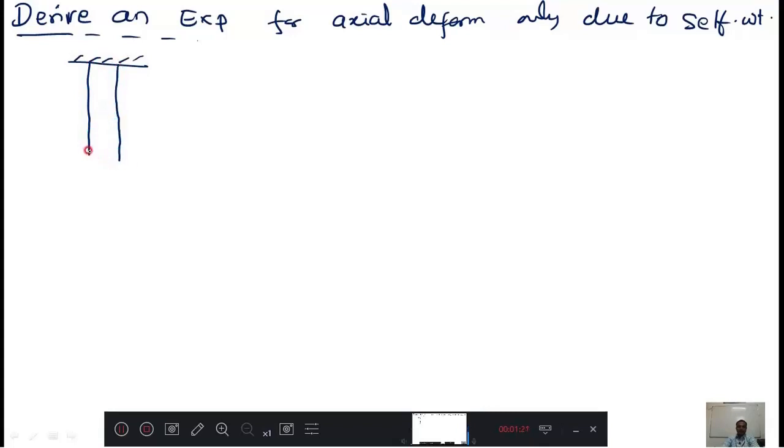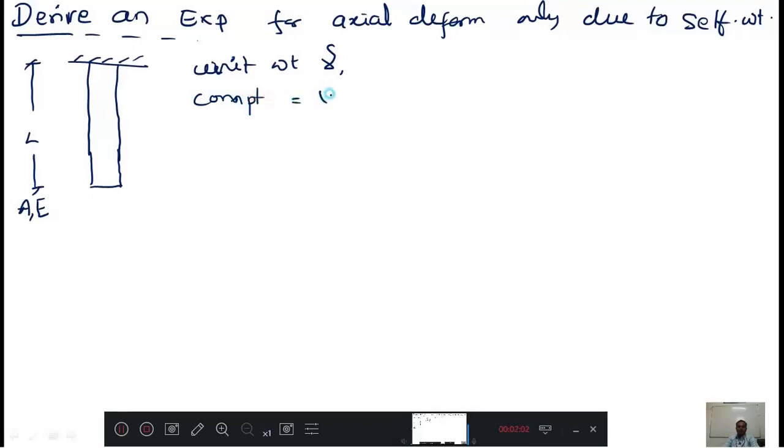Let us consider a hanging prismatic bar with cross sectional area A, length L, and material property Young's modulus E, which has unit weight gamma and complete weight W.